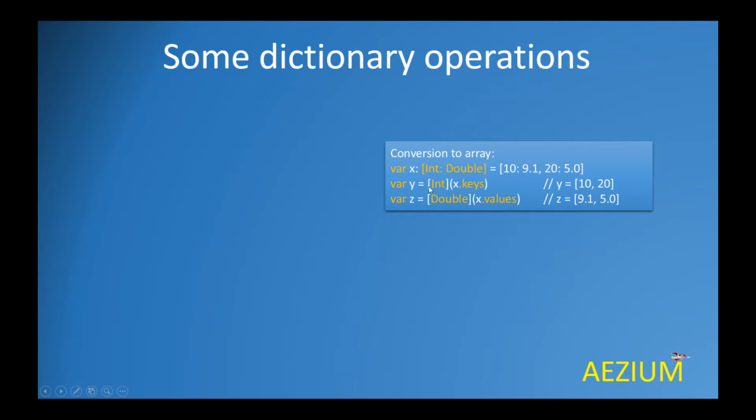Then applying casting here, those series of parameters will be converted to an array of doubles. Note that the square brackets here indicate that the casting is going to include the conversion to an array, and the double inside indicates the data type of the elements of that array. So this is going to be an array of doubles, and this is going to be an array of integers.